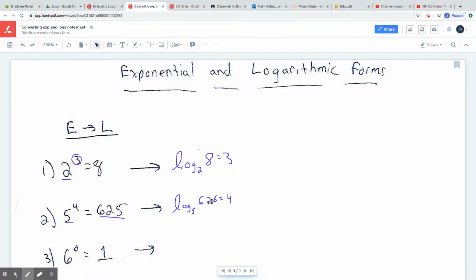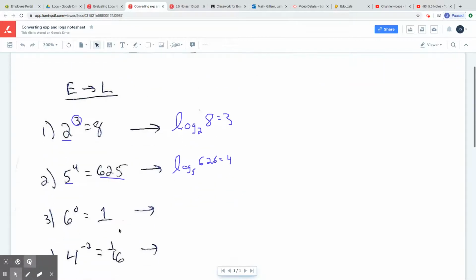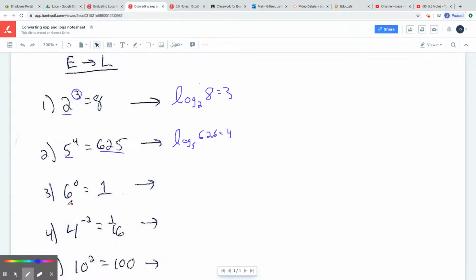So log base 5 of 625 is 4. For 6 to the 0 equals 1, this is log base 6 of 1 equals 0. Log base 6 of 1 equals 0.